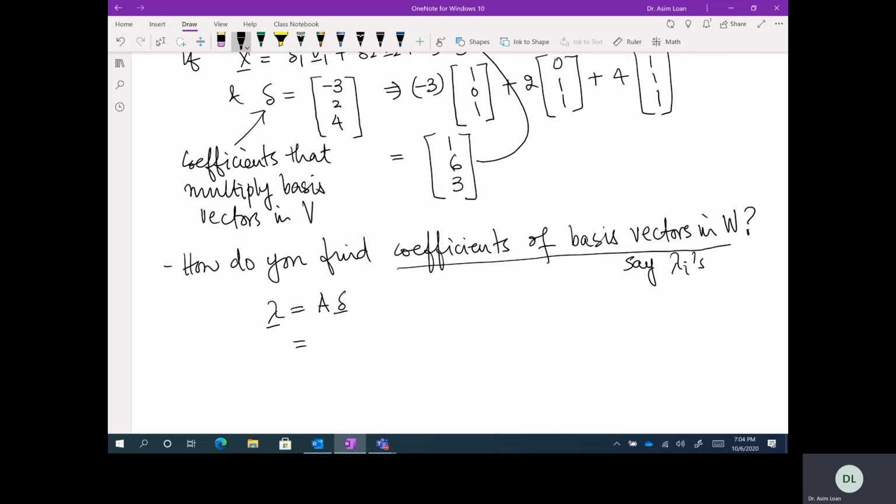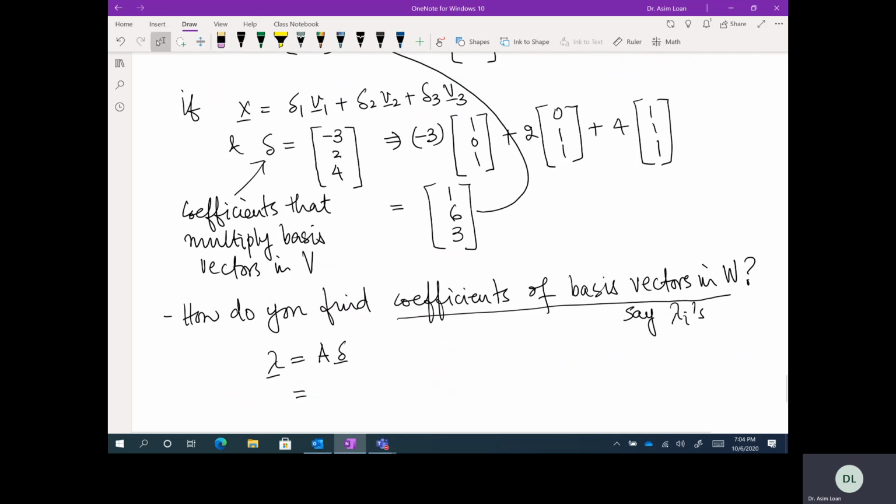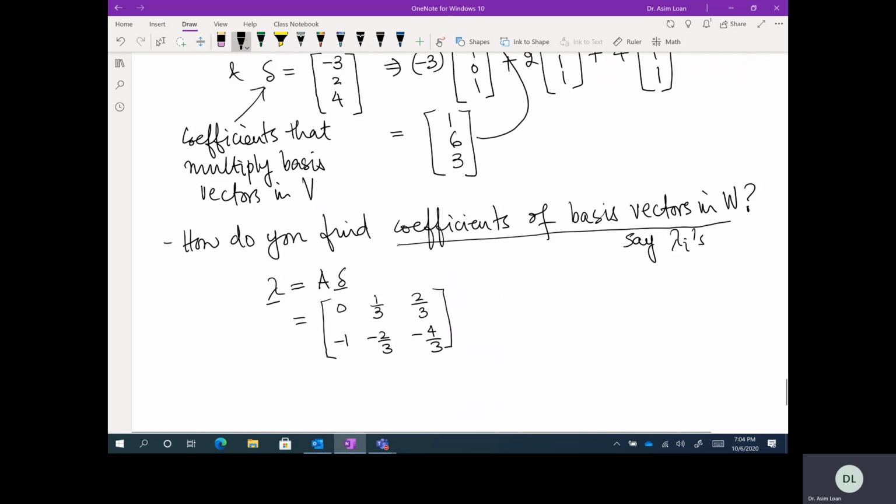And what is A? A is this matrix 0, 1 by 3, 2 by 3, and minus 1, minus 2 by 3, minus 4 by 3.